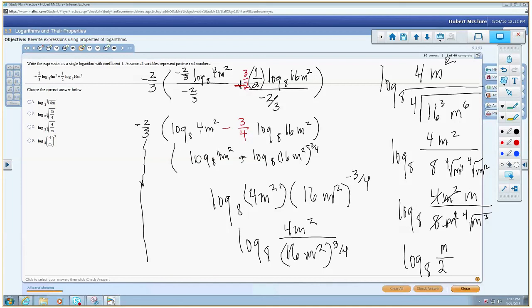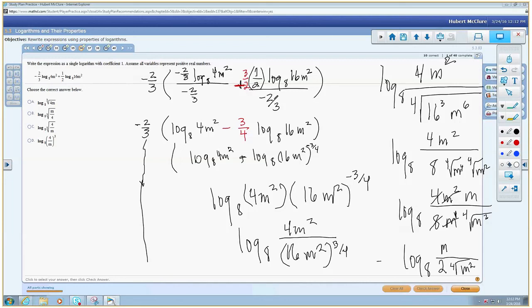And m to the first takes that square out and leaves m. And then we've got the fourth root of m squared. Now we're starting to see m over 2. We're starting to see an m appear in some of your answers, and that we haven't finished yet because we still got that negative 2/3 out front.